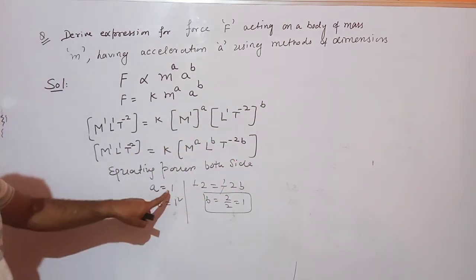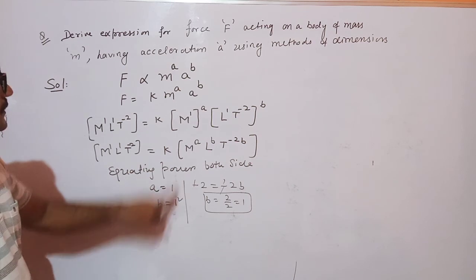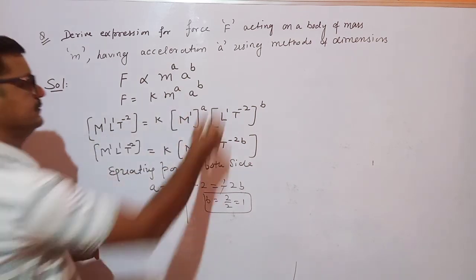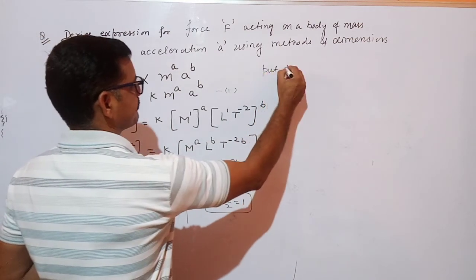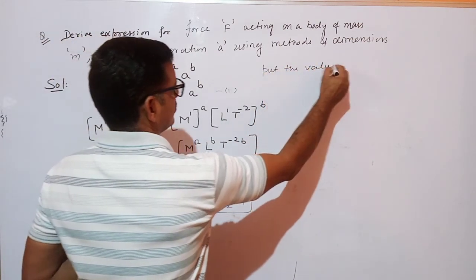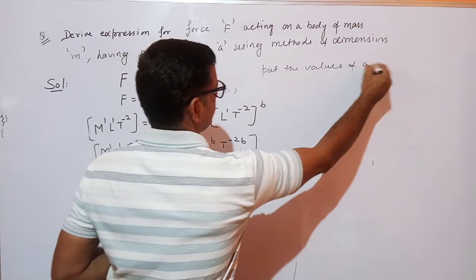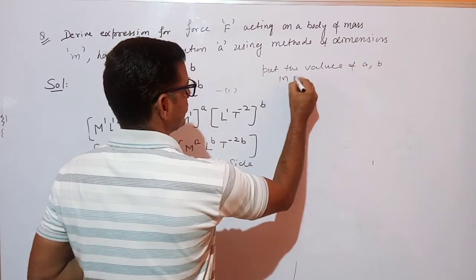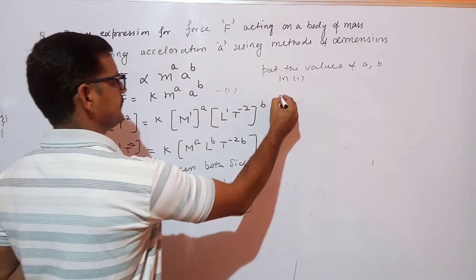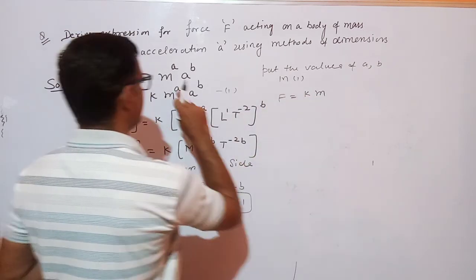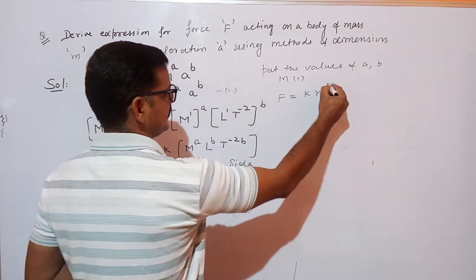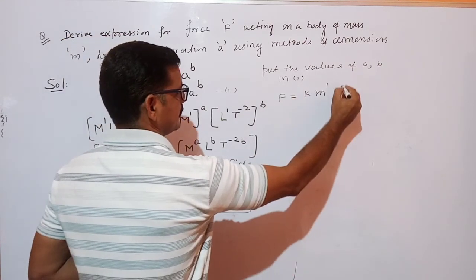So now put the values of a and b in equation number 1. This is your equation number 1. So put the values of a and b in 1. So what will we get? F equal to k m power a. M power a means m power 1.